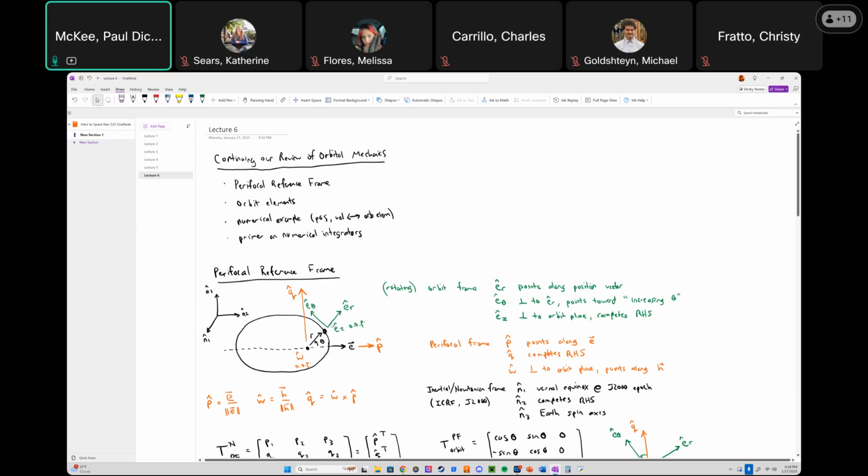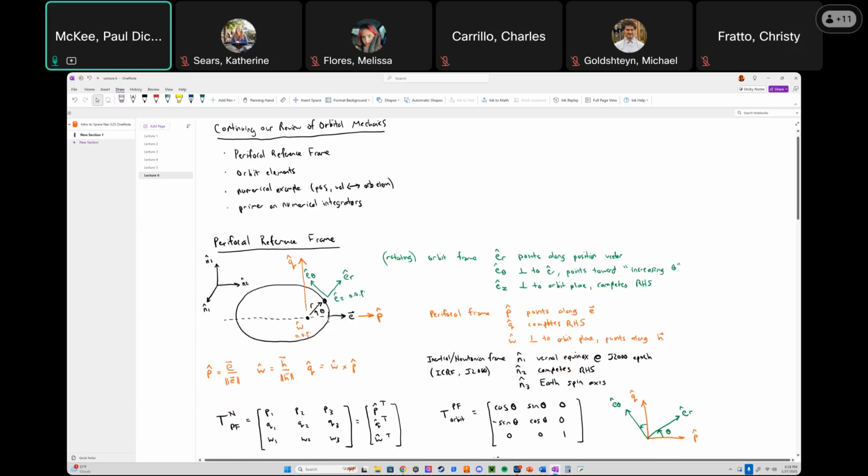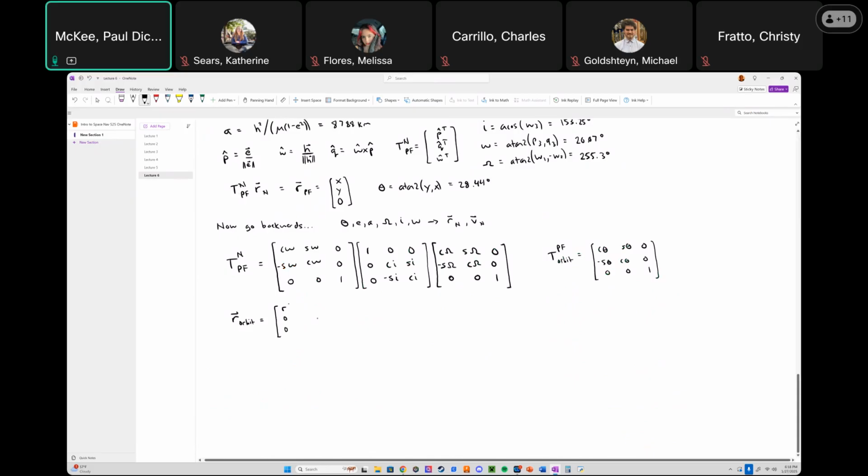So our position in the orbit frame is literally just r, 0, 0. Now, we don't know what r is yet. That's fine. We'll figure it out. I would also say that the velocity in the orbit frame has some radial velocity term and some tangential velocity term, but you can rest assured that none of your velocity is in the third direction in the orbit frame.